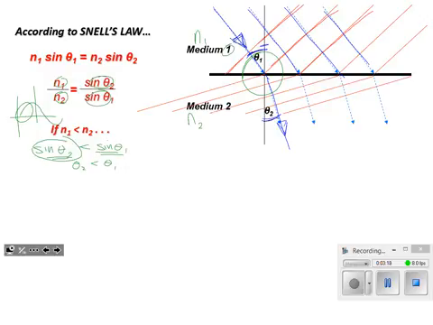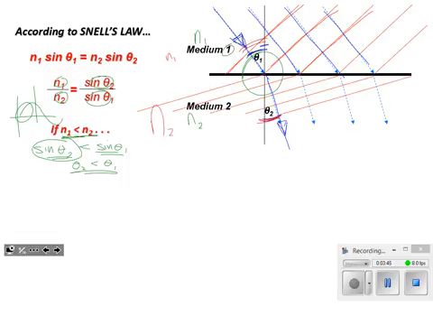So if n1 is less than n2, then theta 2 has to be less than theta 1, which is what this diagram shows, right? Here's theta 1, here's theta 2, theta 2 smaller, which means that we've represented a situation in which n1 is, whoops, I did that backwards, in which n1 is smaller than n2.